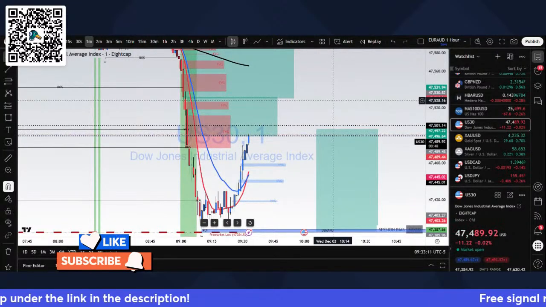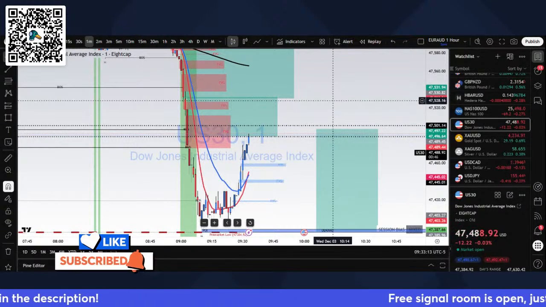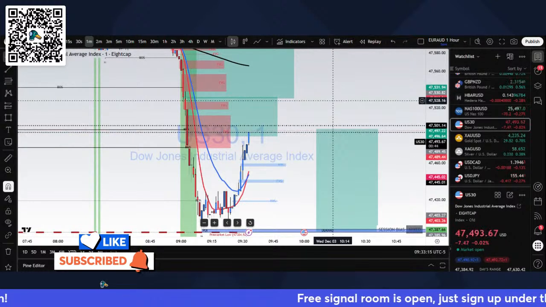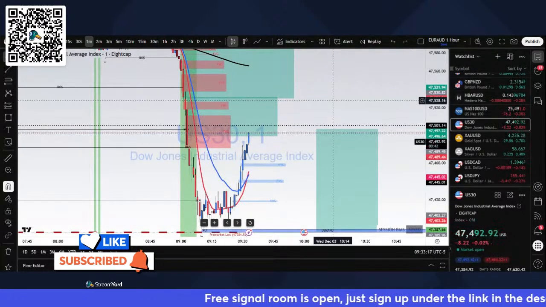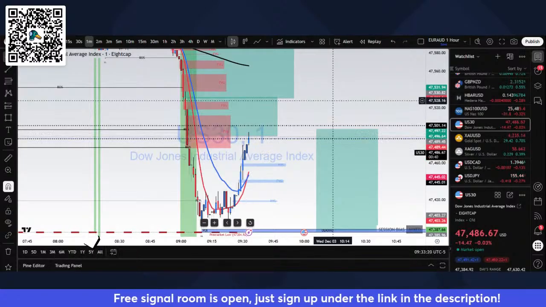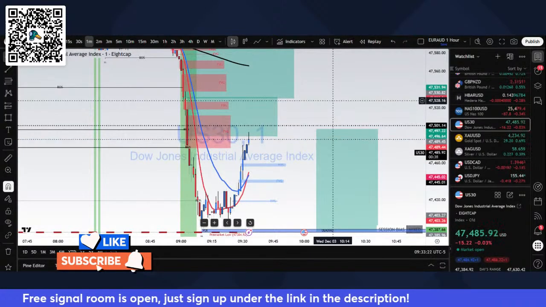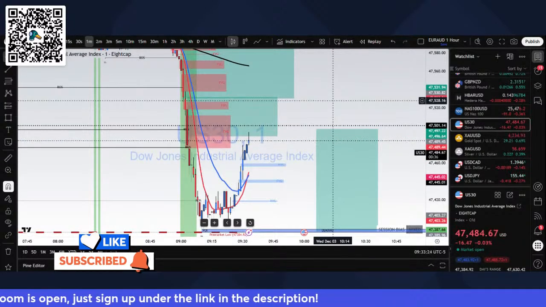Back at our entry again, guys. Doesn't look like it wants to push up, man, to be honest, but we'll see. We're kind of at a resistance there. See if we can break through it.